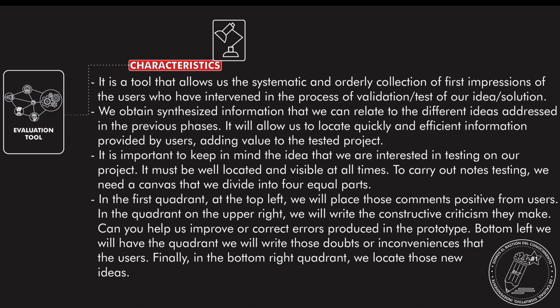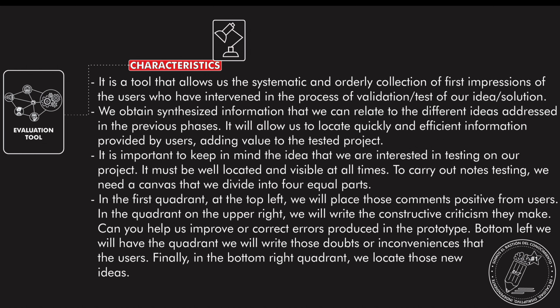It is important to keep in mind the idea that we are interested in testing in our project. It must be allowed to locate and visualize it at all times. To carry out the testing, we need to divide the matrix or canvas into four equal parts.